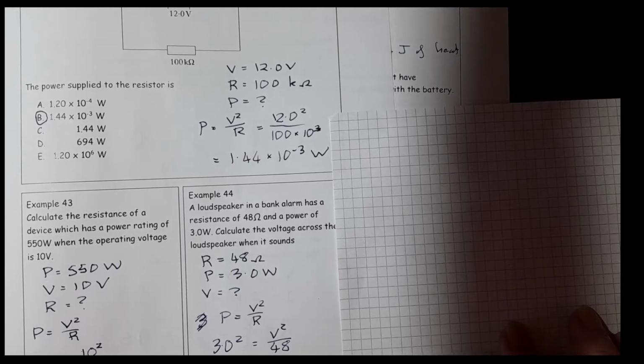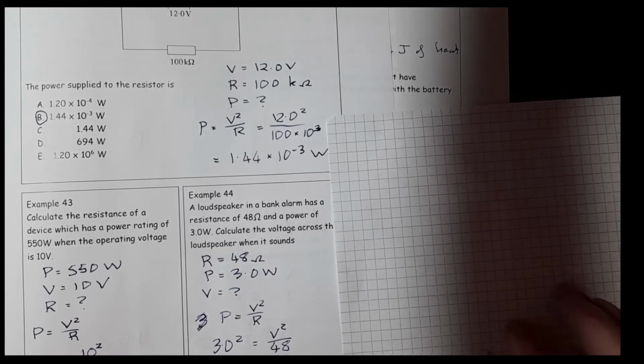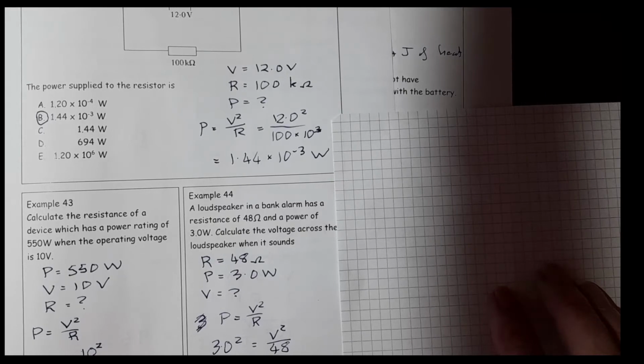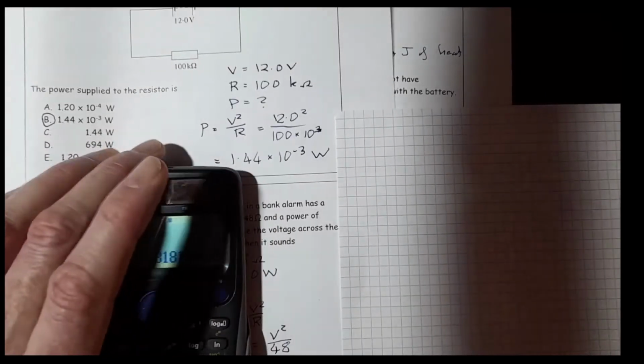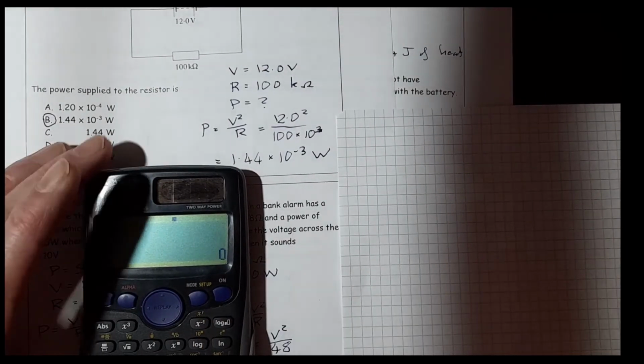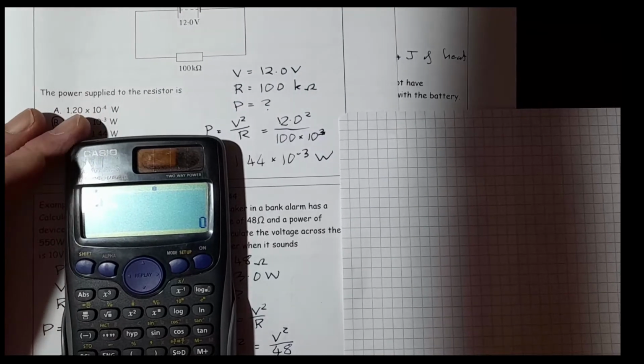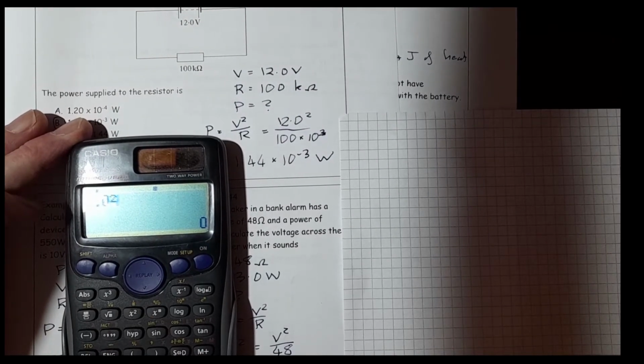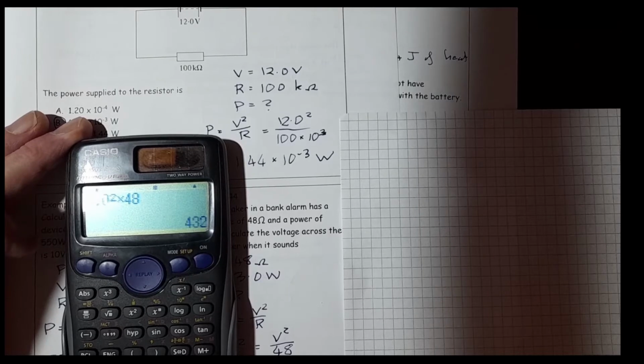So it's 3.0 squared multiplied by 48. That will give you V squared, which you then have to square root. So we can do 3.0 squared times 48, get that as an answer, and then square root that answer.